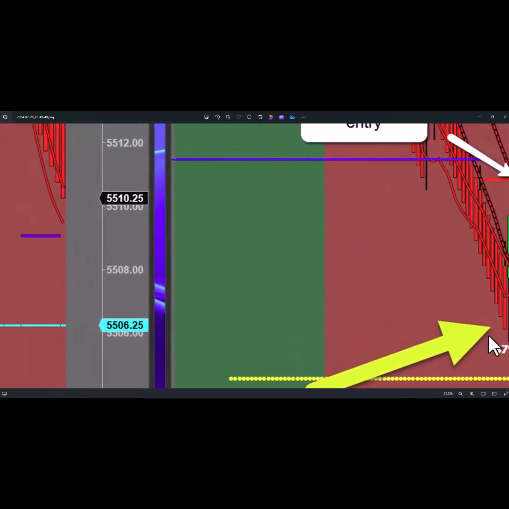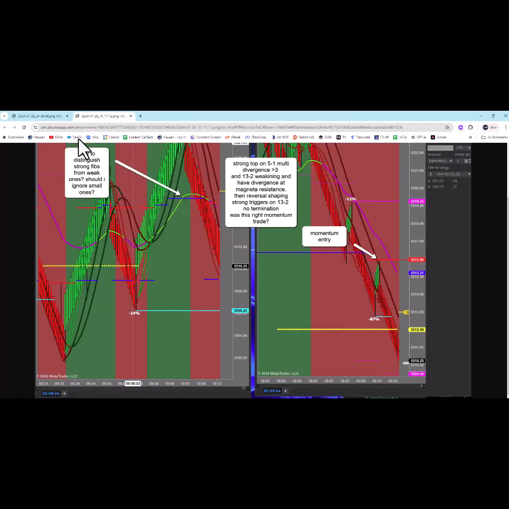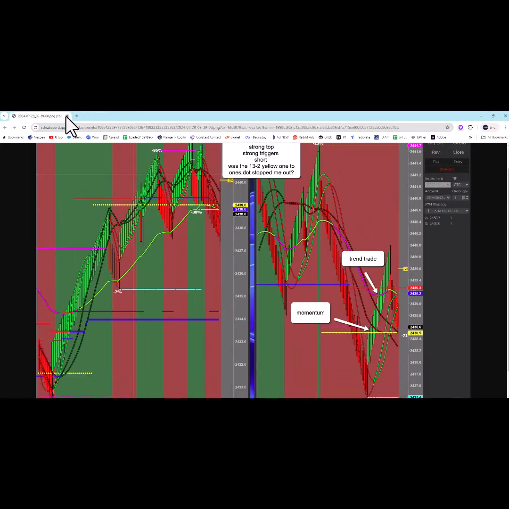So before this divergence plots, you have to say, what are my triggers doing? I didn't finish my PDF. I know I got kind of sidetracked on doing pictures, but that's exactly the momentum trade you want to do. 100%. Without question. Perfect.